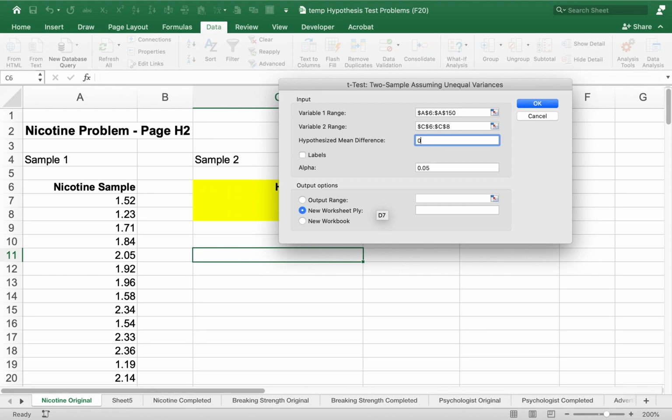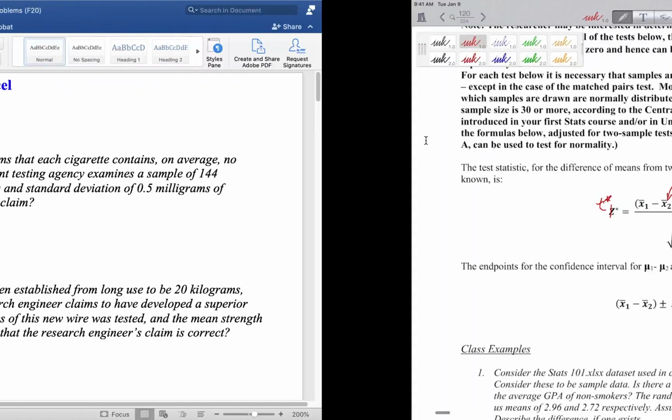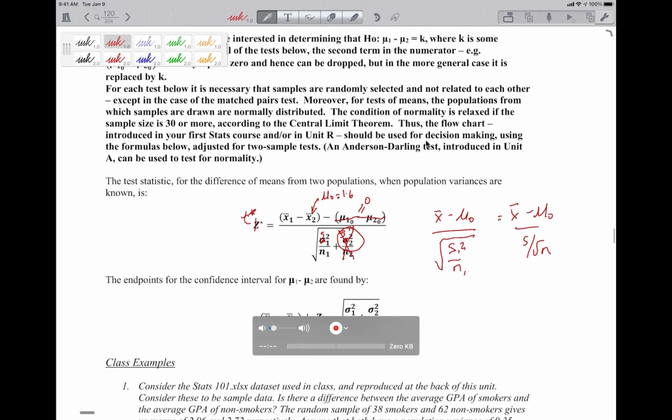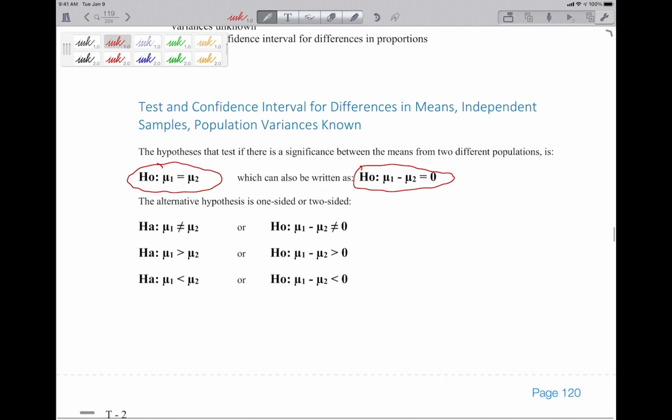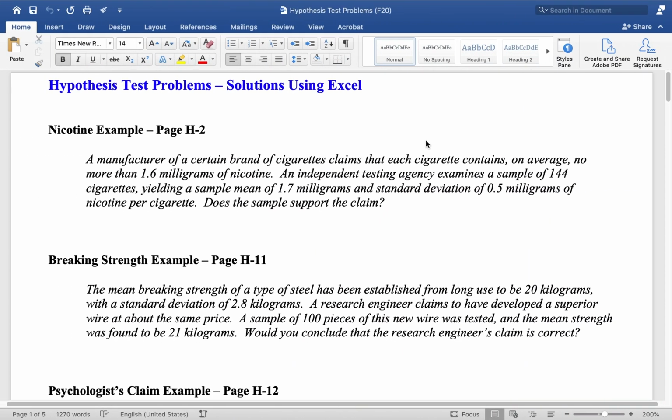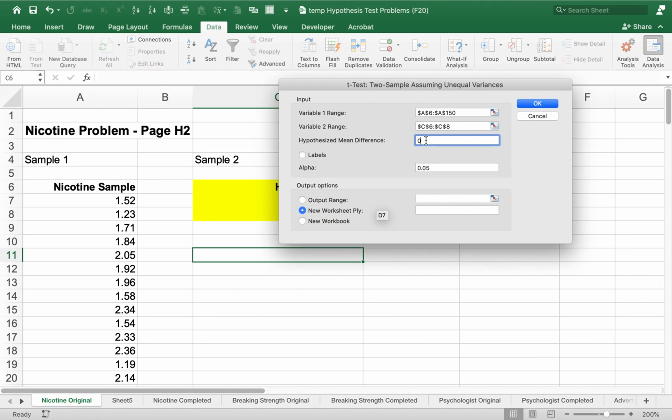Remember I said that that was important? So that's going back over here where we're saying this part up here in red, that mu1 minus mu2 is equal to 0. So we're hypothesizing that the difference is 0. So you put in 0, tell it you got labels, because we included those.